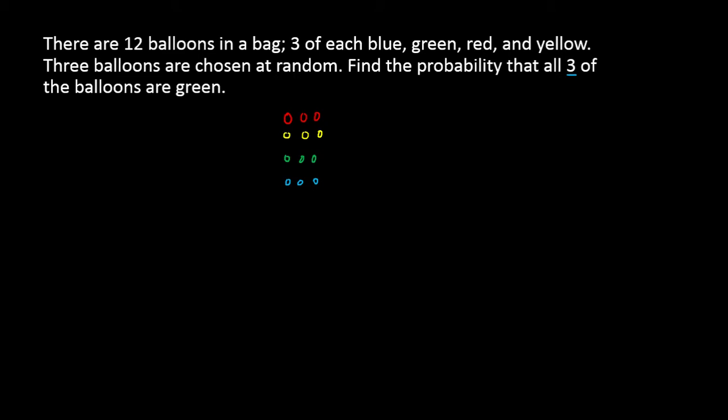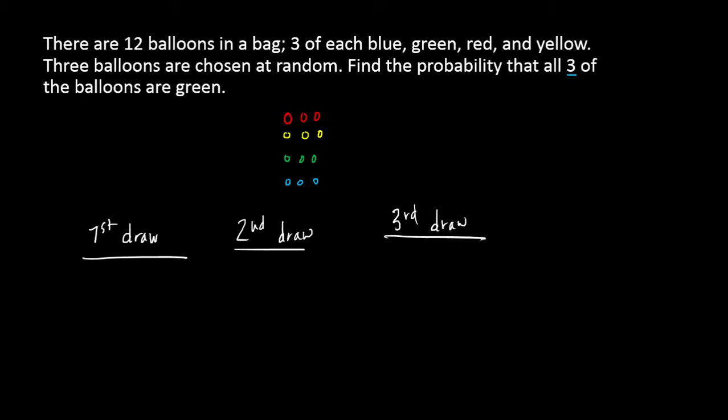So we'll take this one step at a time. I'm going to draw the first time, a second time, and then a third time, and we'll consider each of these separately.